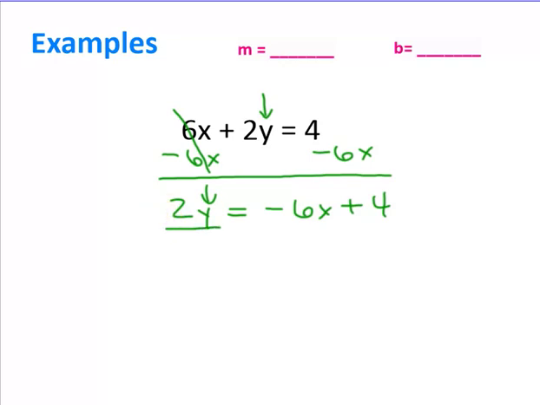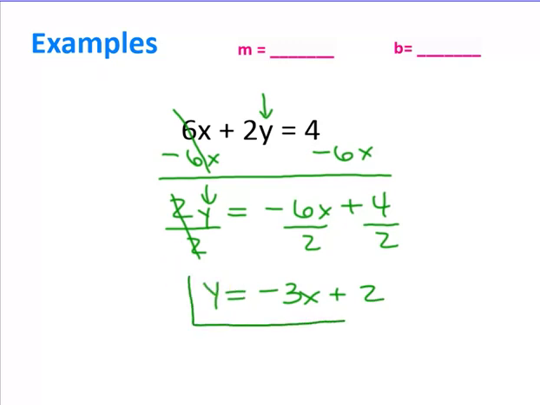I have a 2, so I'm going to divide this by 2, divide this by 2, and divide that by 2. 2 over 2 is going to cancel, so I have y equals negative 6 over 2 is negative 3x, and 4 over 2 is positive 2. So my slope is negative 3, and my y-intercept is 2.